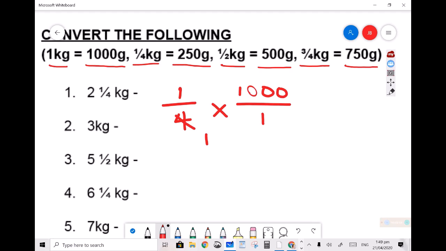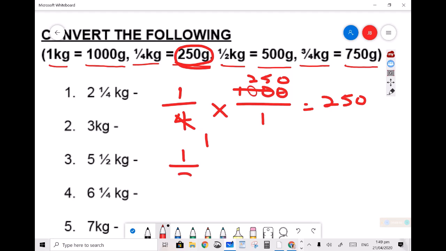Okay, so 4 into 4 is 1, 4 into 100 is 25, and 4 into 0 is 0. So that will give you 250. This is what we have here. Okay, so a quarter kilogram is equal to 250.